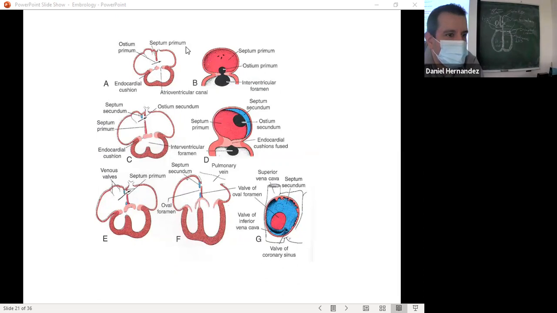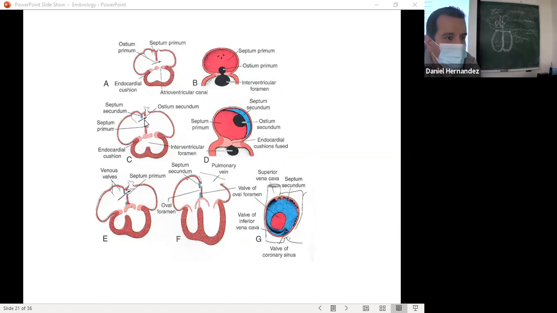So this goes through that formation of the septums again. Your septum primum, your ostium primum, is that initial hole between the two atria. Then your endocardial cushions. As the endocardial cushion grows up, your septum secundum is developing.